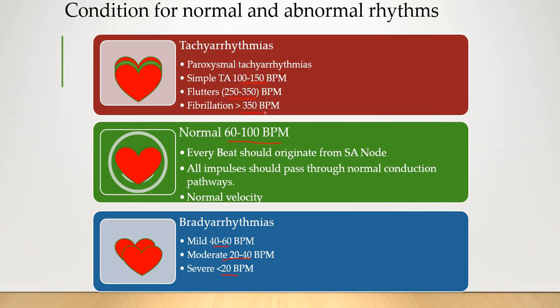When it is greater than 350, it is called fibrillation. So now you understand that there is a normal heart rhythm. If it is increased, it is going to produce tachyarrhythmia, and if it is decreased from normal, it is going to produce bradyarrhythmia.